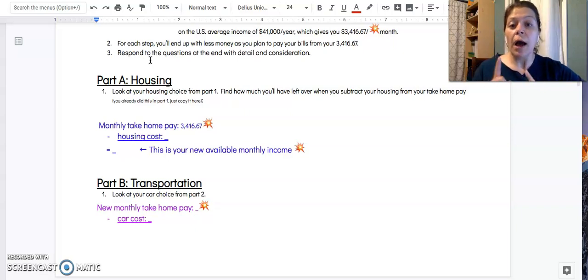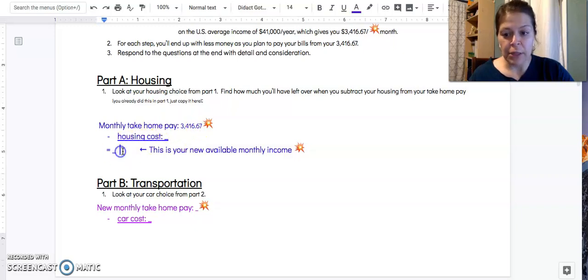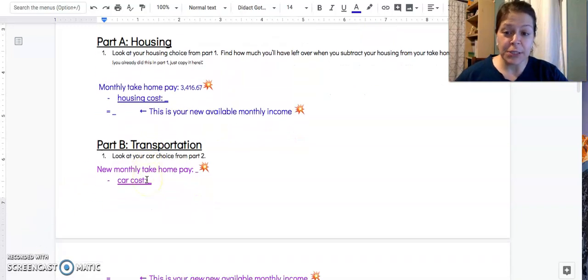So choose either the apartment or the house, right? You're only going to live in one place. So you take the amount of rent or mortgage and you subtract it from this. And the number that you get here, this is your new available income. Whatever you spend on rent, you can't spend on anything else. It's gone.